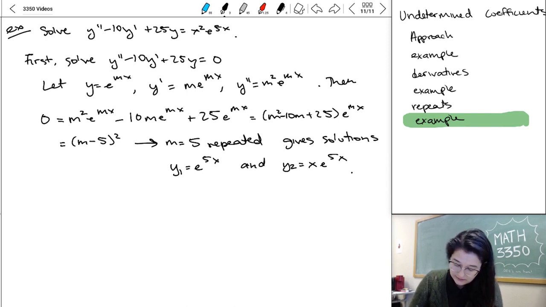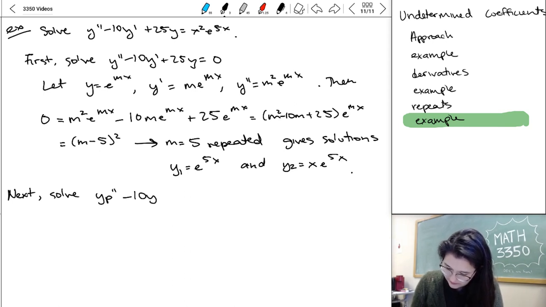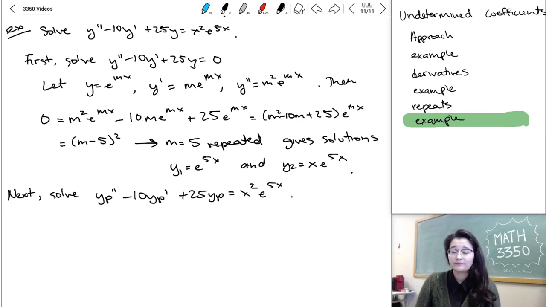Now, we want to solve for the particular solution y sub p in the full equation equal to x squared e to 5x.